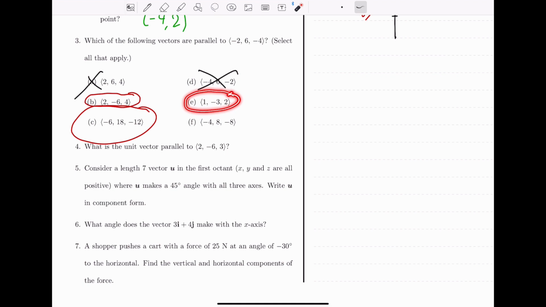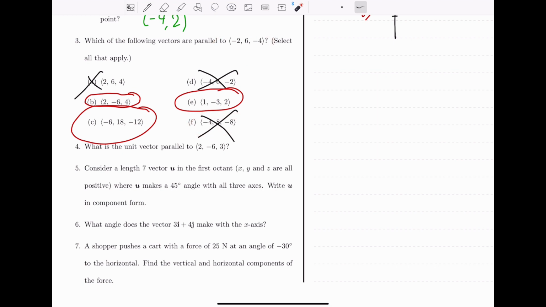It's negative 1/2 times the original vector. So it's parallel to the original vector. Finally, how about negative 4, 8, negative 8? We'd have to multiply the x component by 2 to get to the negative 4, but 2 times 6 is not 8, so letter F, this vector is not parallel. There's not a constant that we can multiply the original vector by to get to this vector here.